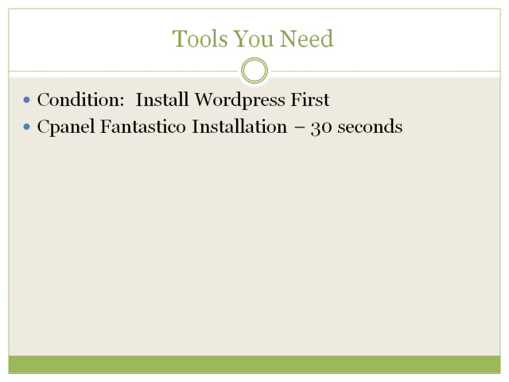But if you want to install WordPress, there are 2 ways to go about doing so. Now, most of you are going to have cPanel web hosting. If you have cPanel, then if you go on your cPanel and you look for Fantastico, it's the big blue smiley face. You click on that, you can install WordPress in less than 30 seconds.